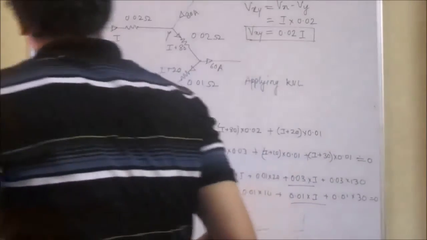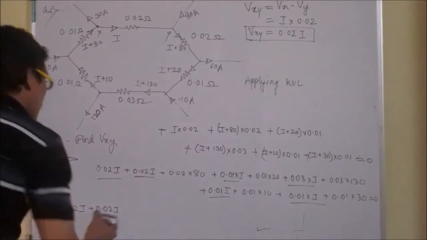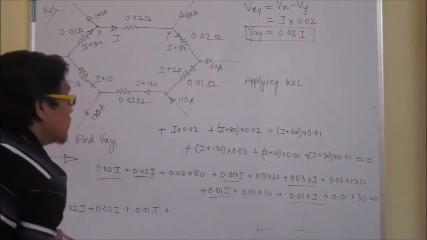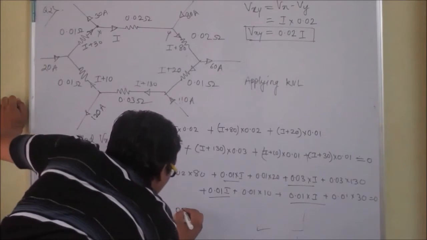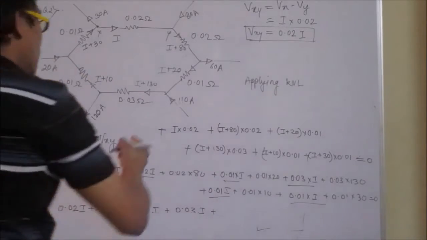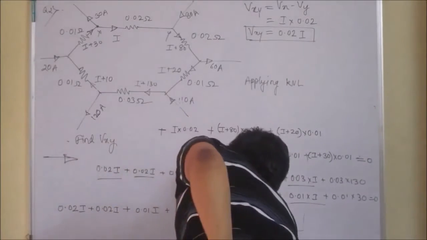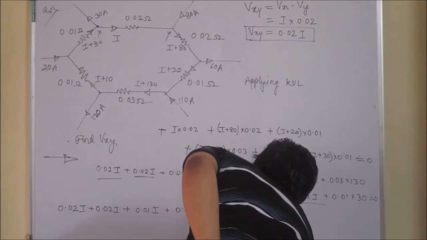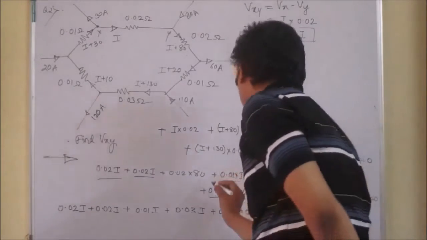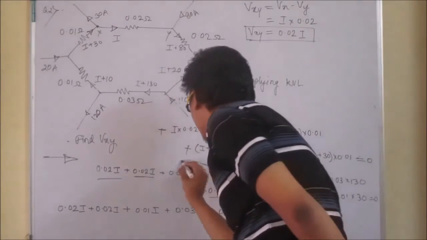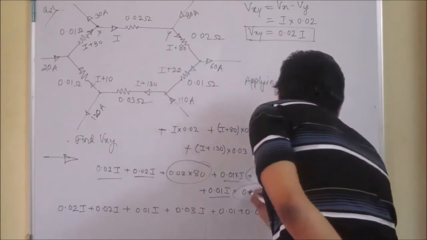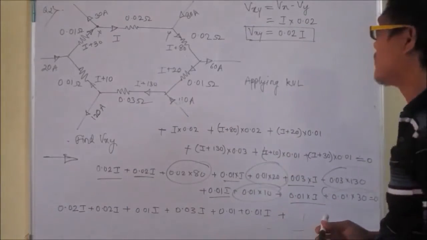These are the 6 terms, so I will just underline them, plus 0.01 I plus 0.03 I plus 0.01 I plus 0.01 I. And then I just circle the terms which do not have any I. There are 5 terms.